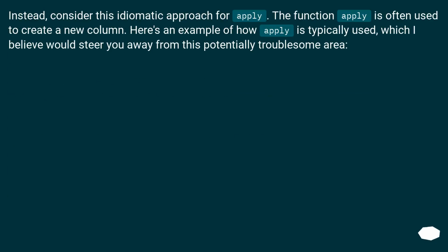Instead, consider this idiomatic approach for apply. The function apply is often used to create a new column. Here's an example of how apply is typically used, which I believe would steer you away from this potentially troublesome area.